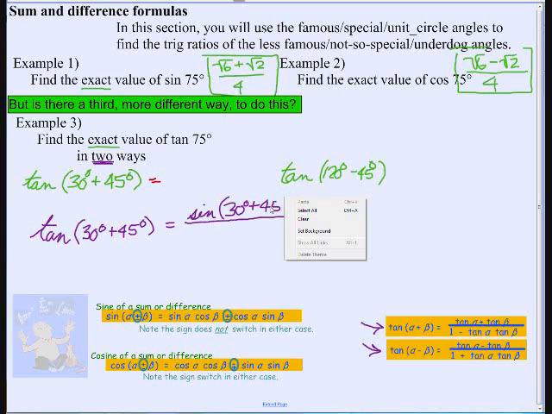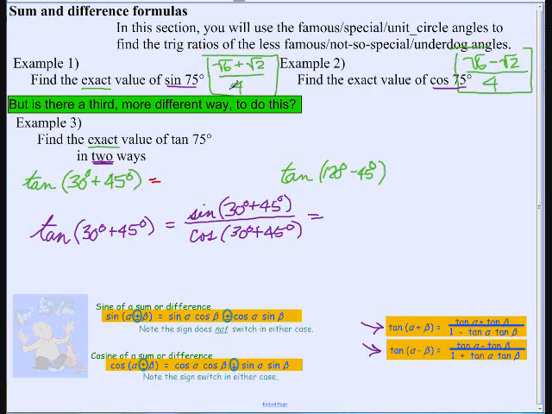I should have thought of this too, because those were the ones we found in example 1 and example 2. So I actually have values for those. And what are those values?